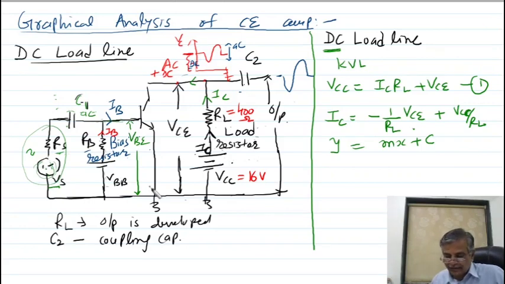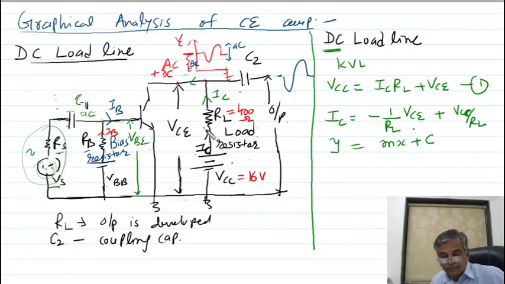Now I am asking you about this circuit. For class A, what is the value of VCEQ? Immediately you have to write 8 volt, half of VCC. For class A, what is the value of ICQ?